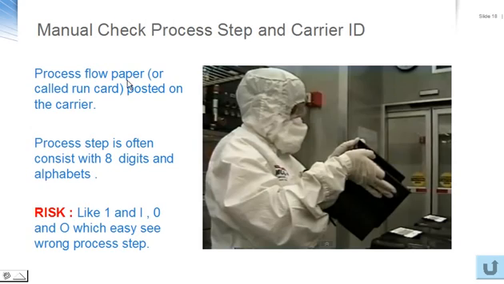The process flow papers or run card are posted on the carrier, and the process step is often a combination of digits and alphabets. The risk is also like 1 and I, 0 and O, which makes it easy to misread the process step.